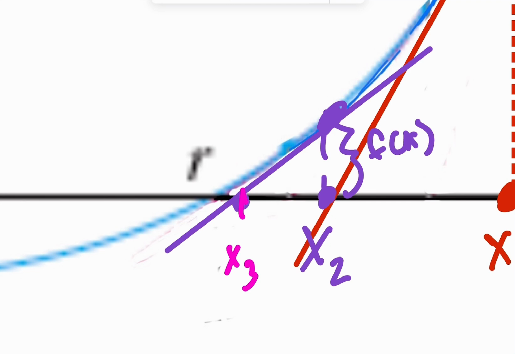So now I'll take my f of x3, which is very short. That would be f of x3, this little height, and take the tangent line at that point, and you can see now it's getting closer and closer to the root. So my x4 might even be the root.